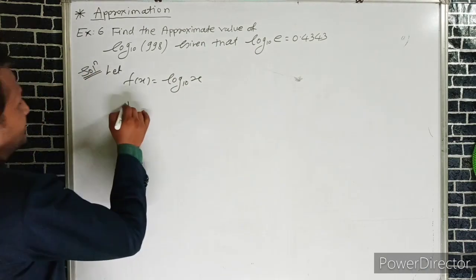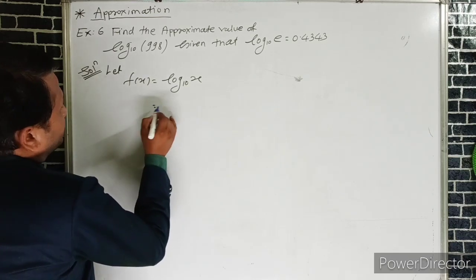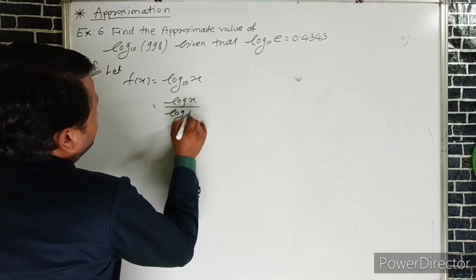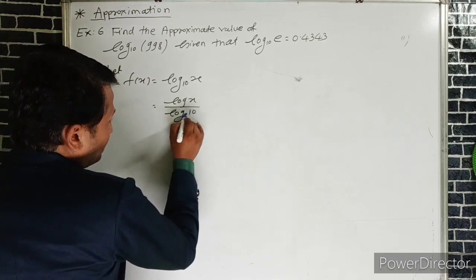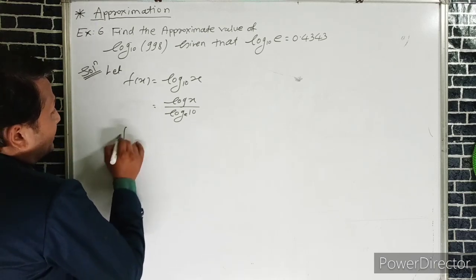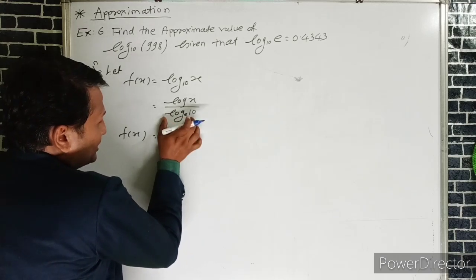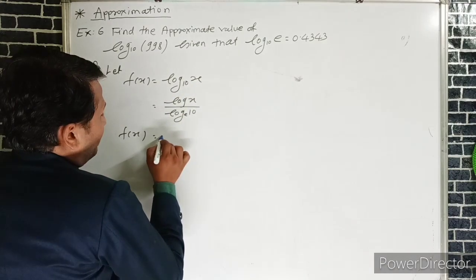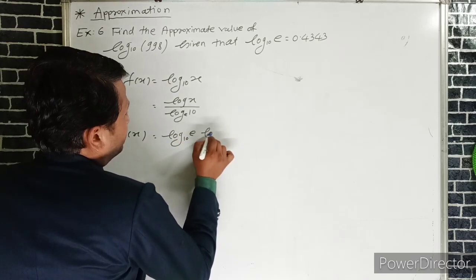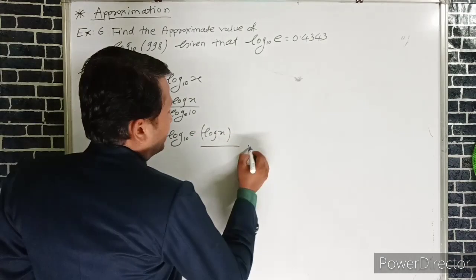We can write this f of x as log of x upon log of 10 base e, or shifting this to the numerator, f of x is equal to log base 10 of e into log x, which is number 1.